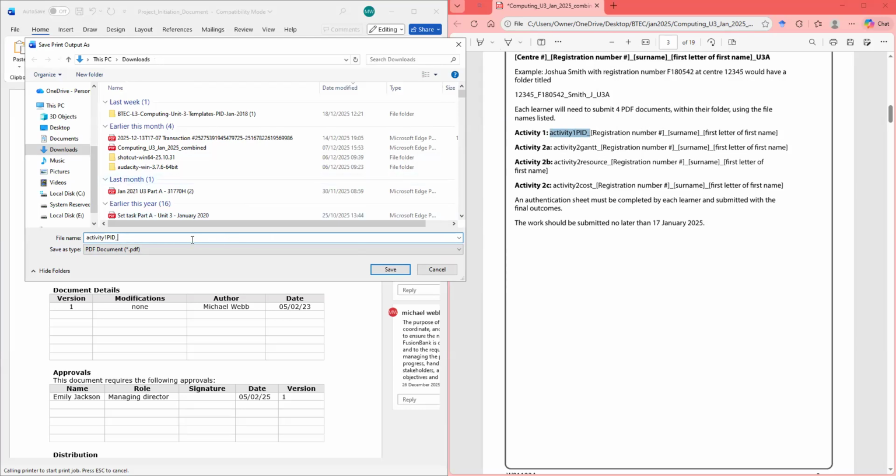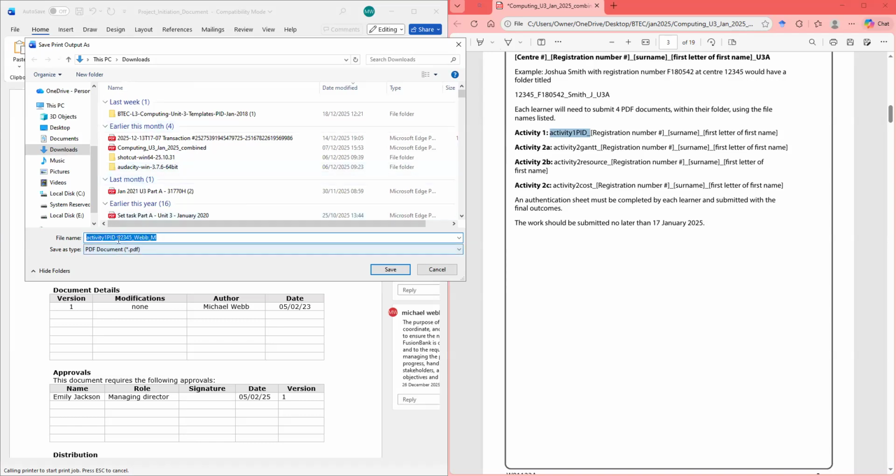Let's say it's 1, 2, 3, 4, 5. Then we're going to save it as, and then an underscore surname. Mine would be Web. Underscore, and my first name is M. That's how I save it.